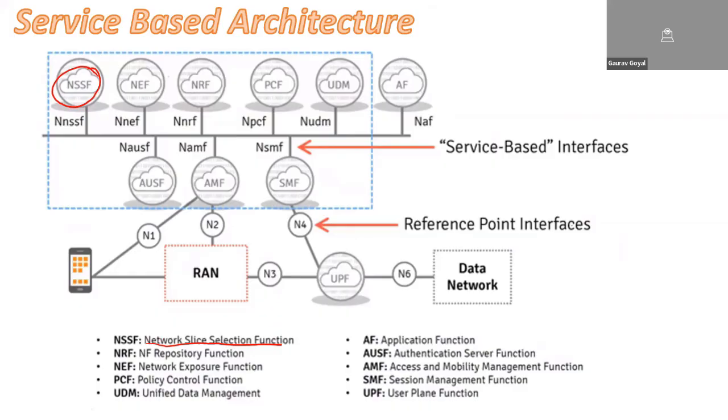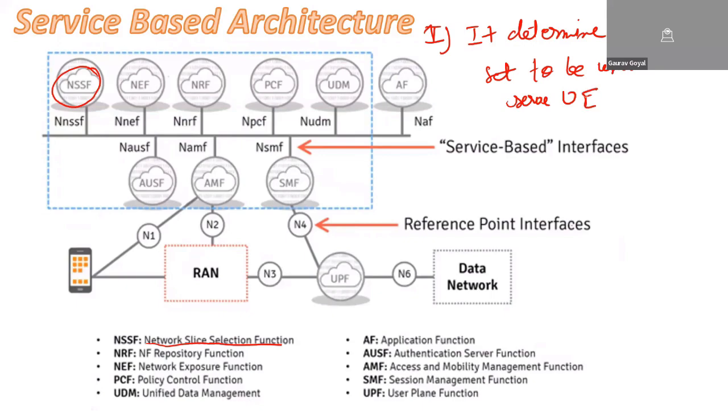It has two main functions. First, it determines the AMF set to be used to serve the UE. Second, it selects the set of network slice instances serving the UE.